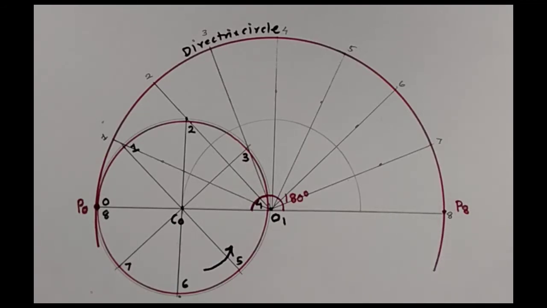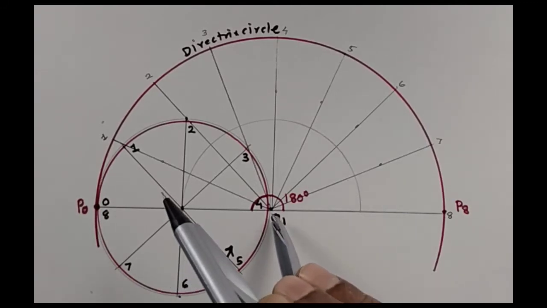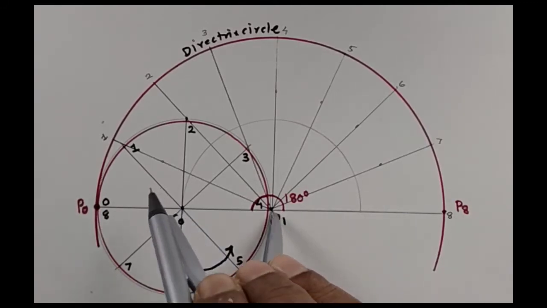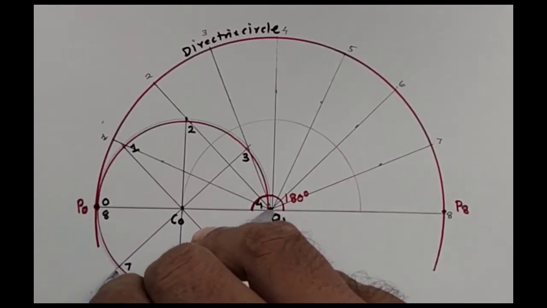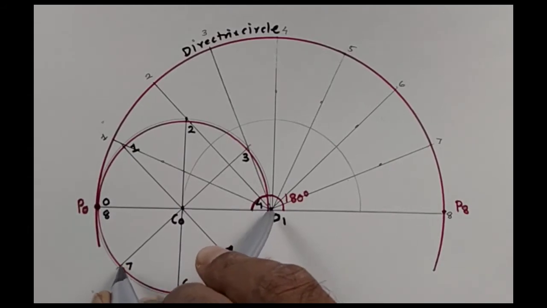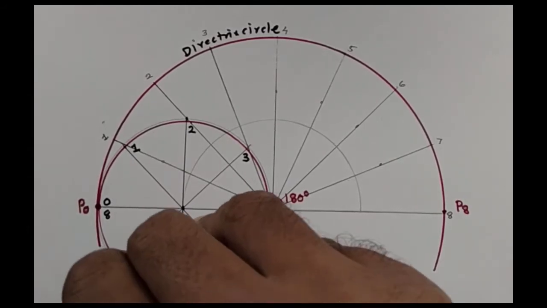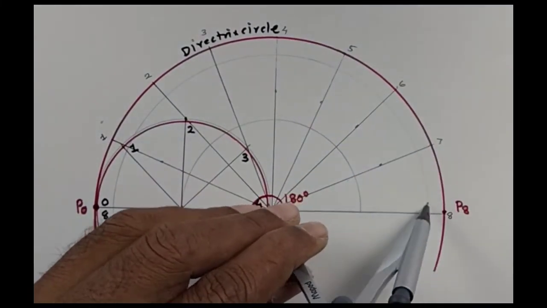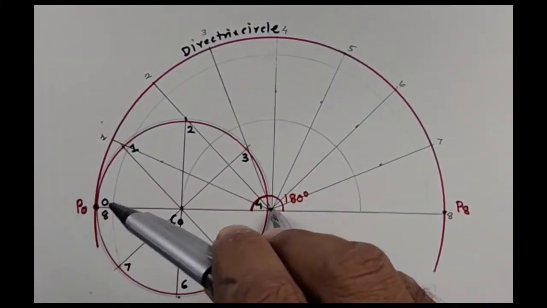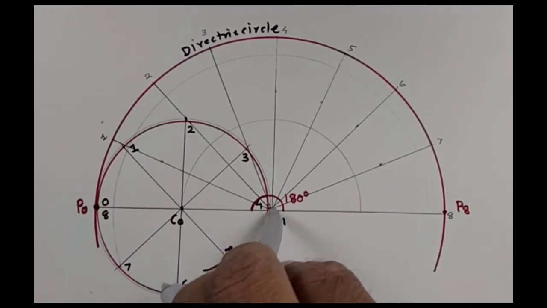Now the next step, we draw all the circles which pass through the rolling circle points, with O1 as center. First I draw the circle passing through 1 and 7. This is my 1 circle. It is a very light circle, for our reference to draw the arc.